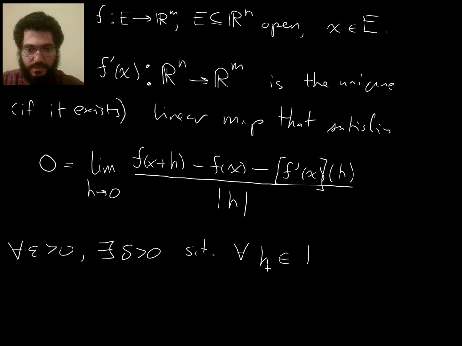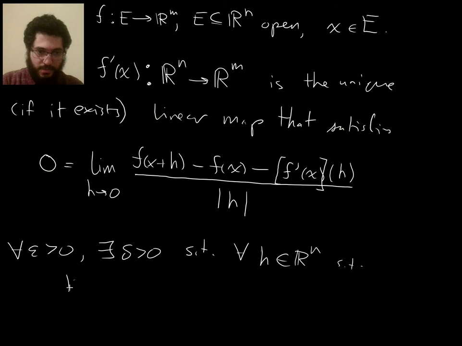So maybe a simpler way to say that is for all h in Rn such that the norm of h is bigger than 0 and less than delta.